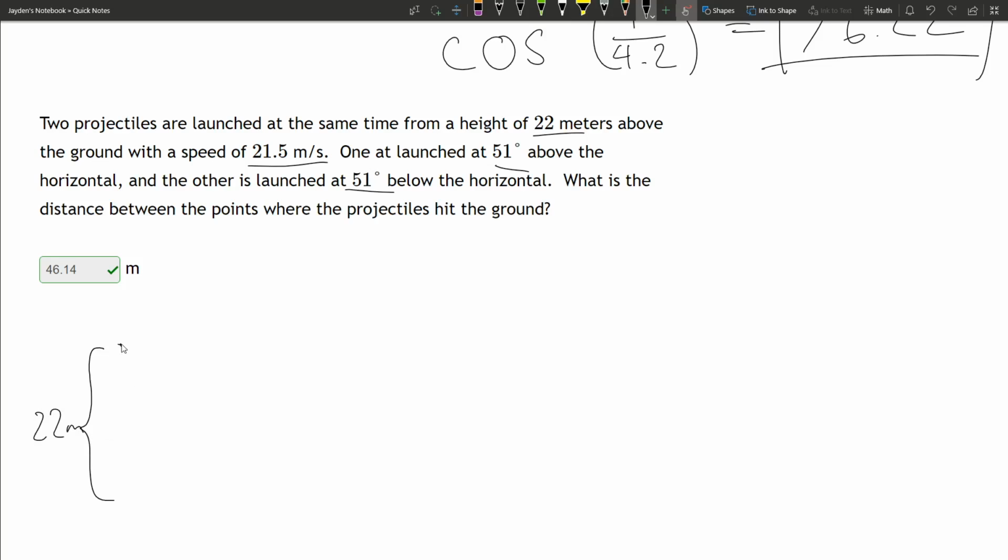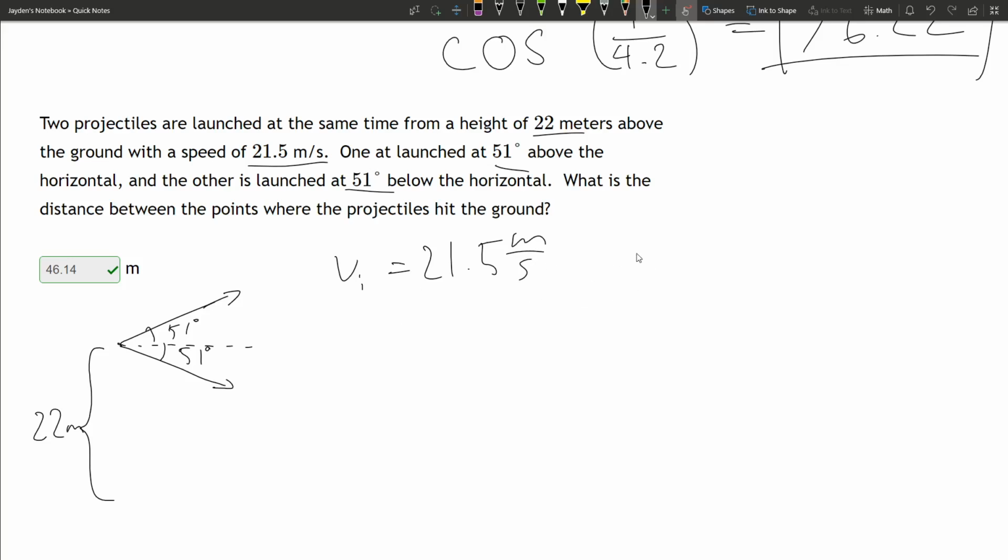It's launched from the top. One of them is being launched downwards at an angle of 51. One of them is being launched forwards at an angle of 51. And both are traveling at an initial speed of 21.5 meters per second.